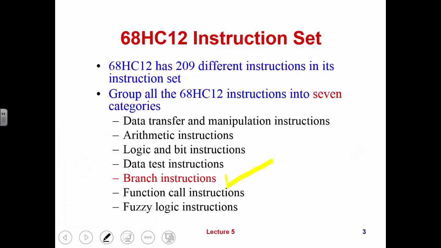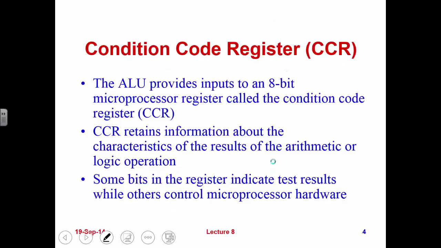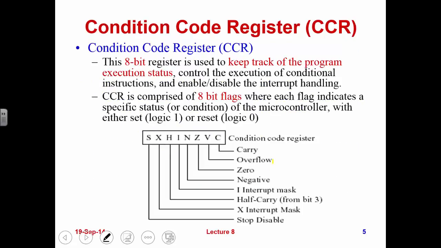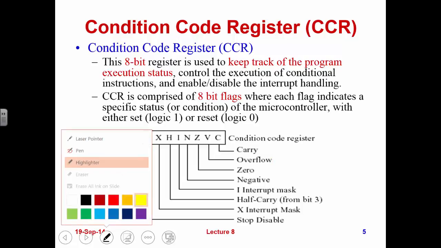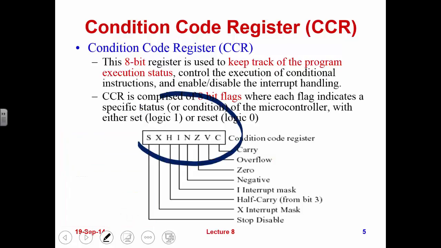We mentioned we branch or not, in general, based on testing the flag bits of the condition code register. So the condition code register is right here, and we talk about these 8 bits.